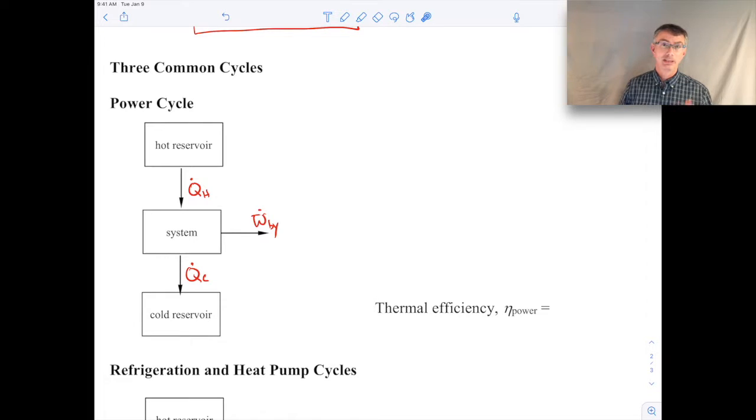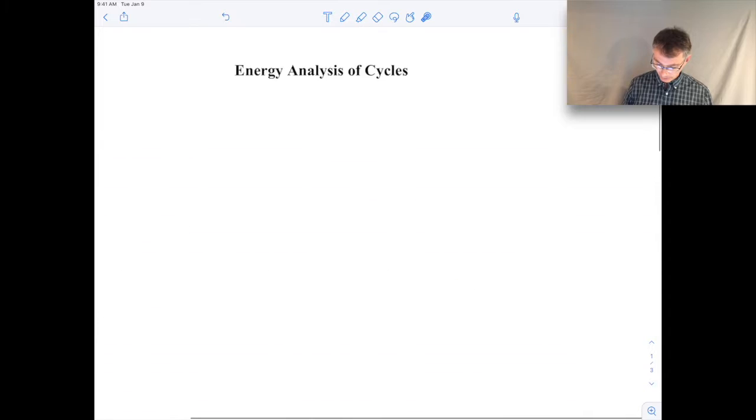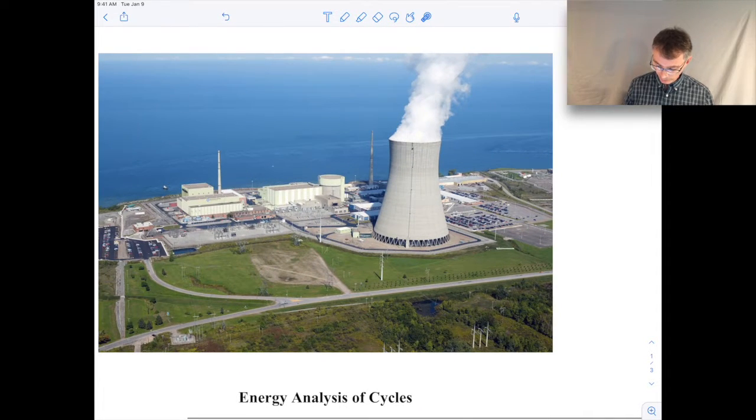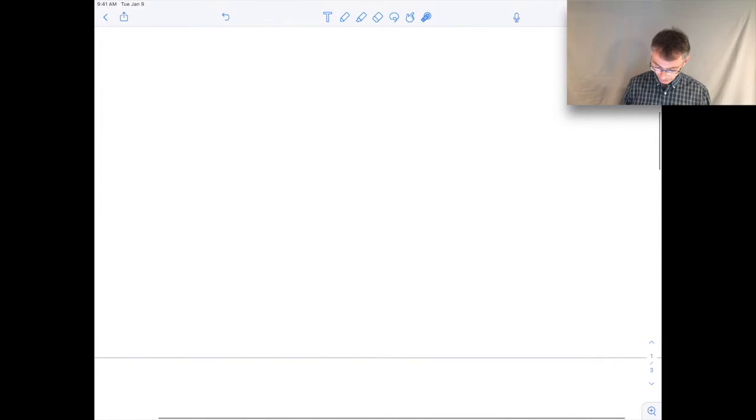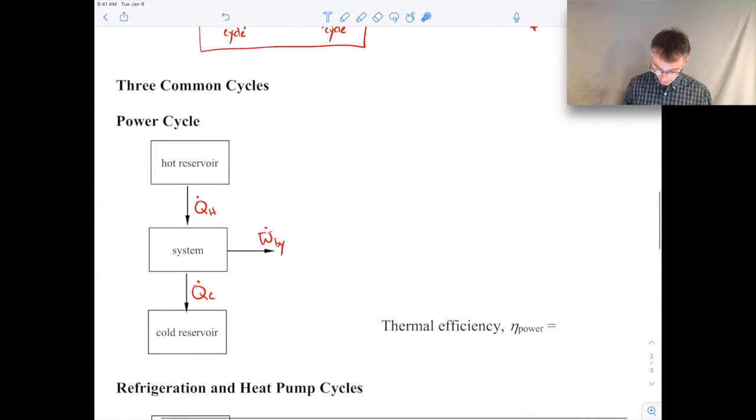Often it's a body of water, like if you're dealing with a power plant, like for example, the picture we started with, you'll notice that this power plant is right next to the ocean. The ocean, of course, is a cooler temperature than what the power plant is operating at. So there's always some reservoir that we offload some heat transfer into.